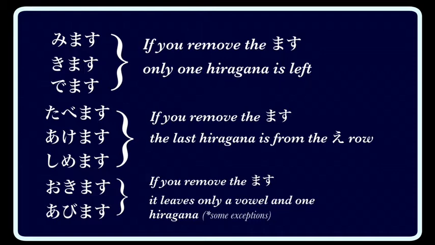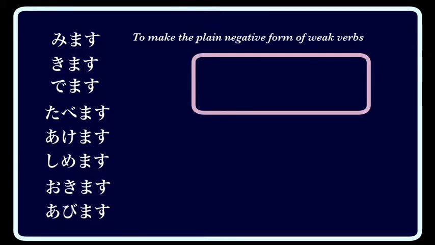If when you remove mas, the remaining hiragana is in the e row, as in tabemas, akemas, shimemas, we know it's a weak verb. If there's a vowel in one hiragana like okimas, abimas, there are exceptions, but these two are also considered weak verbs.